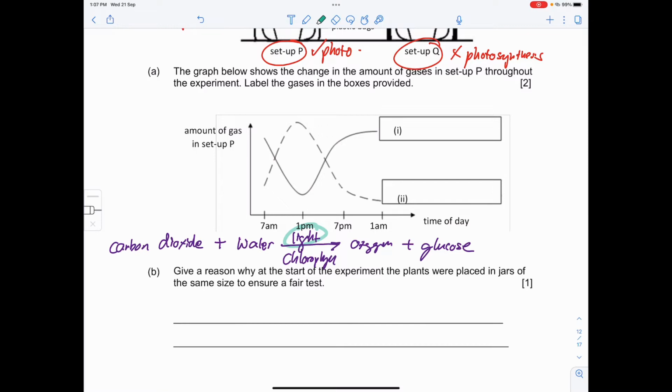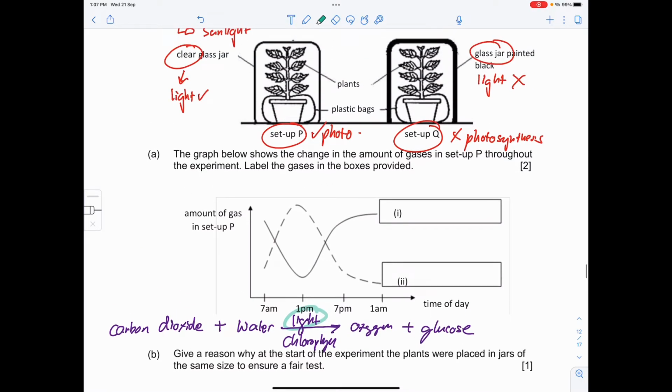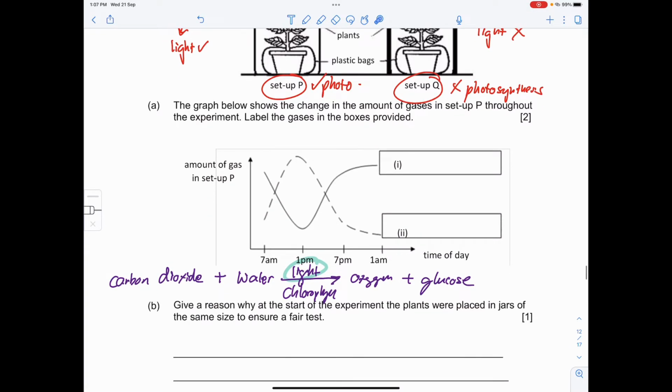Sun is gone. So another one more thing that you need to take note of is this is actually an enclosed jar. So because it's an enclosed jar, right, the air composition inside does not change in accordance with the surrounding. Okay, so whatever air is trapped inside is trapped inside. So therefore, it will reflect this change. Now, think about it.